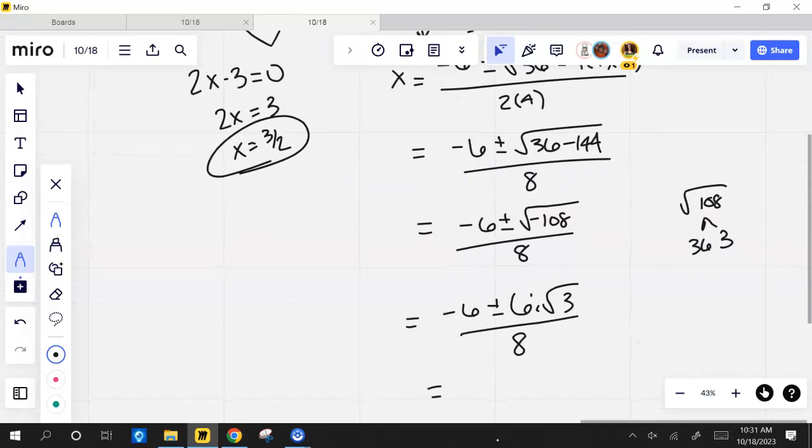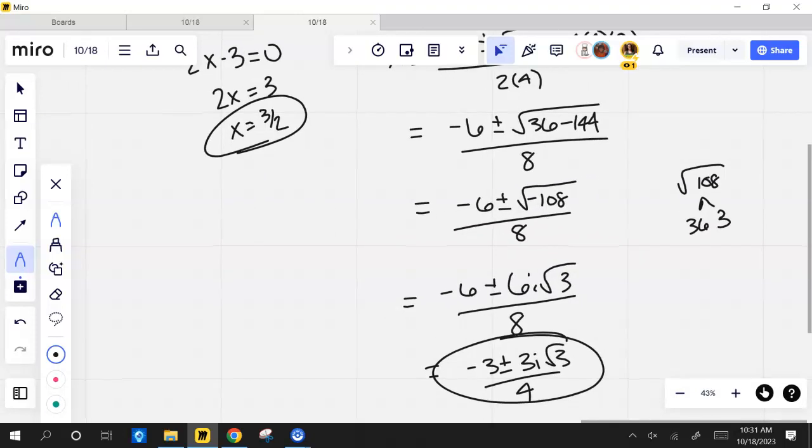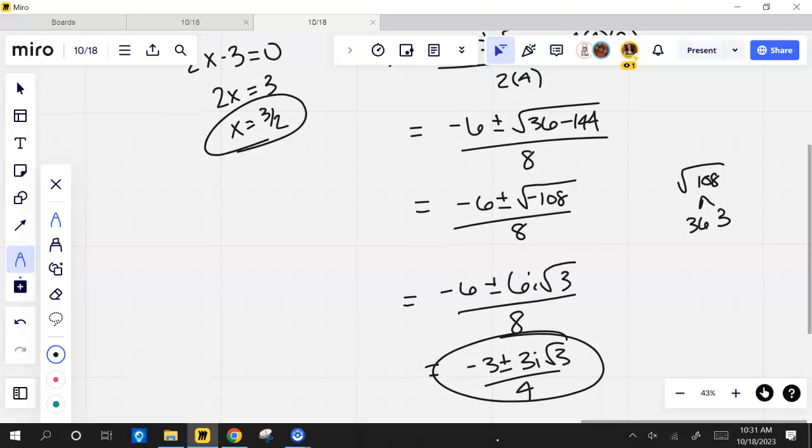And then simplify this down. So divide them all by 2, minus 3i root 3. Say it again. The ones outside, right? Because 8 can't be divided by 3.